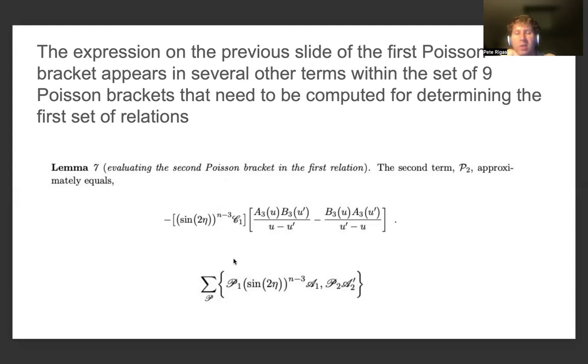So that ultimately amounts to one term instead of the square of this type of prefactor term appearing in front of the superposition of the terms that we're using to approximate the Poisson bracket.